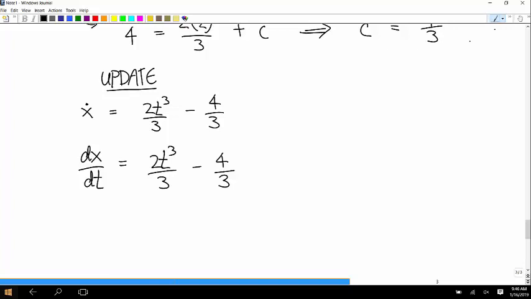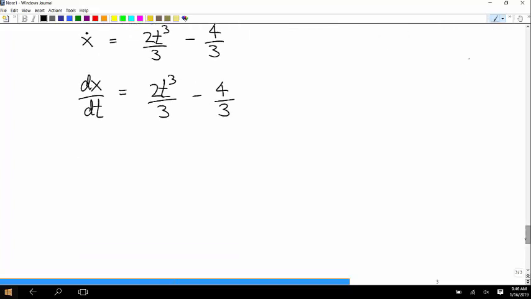And so separation of variables works here. So we multiply dt to both sides, and we get dx is equal to 2t cubed over 3 minus 4/3 dt. Integrate both sides.